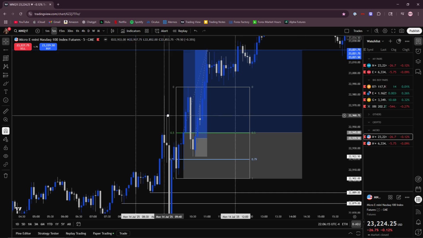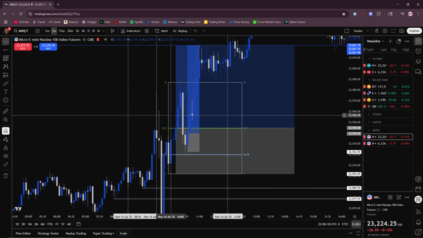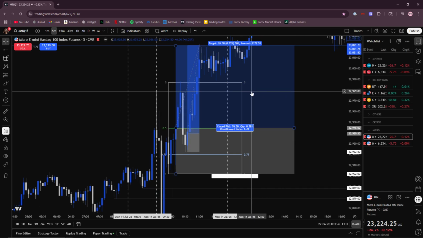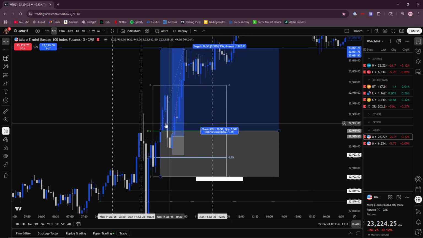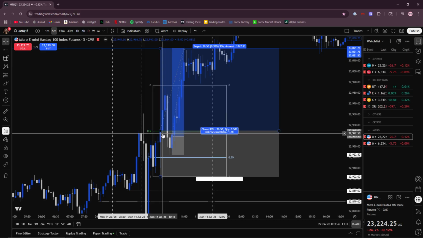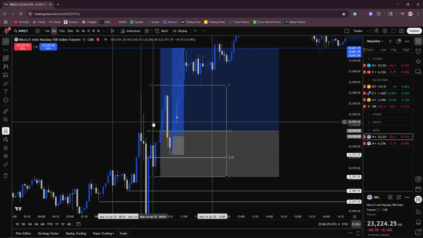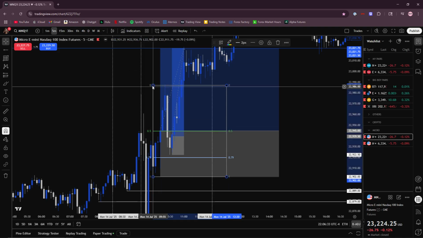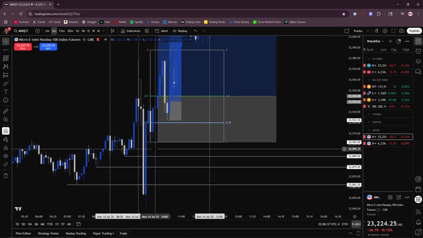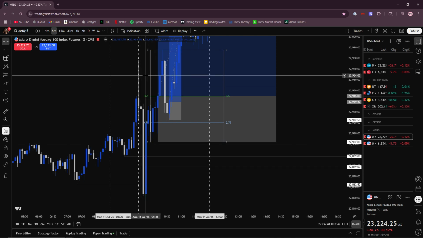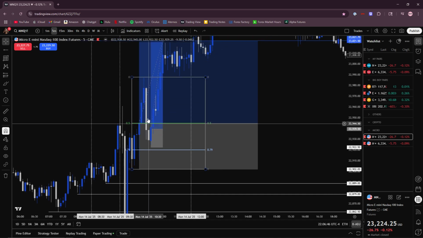So basically, what I could have done better is, instead of just entering off of the 5 minute break of structure, I should have waited for more confirmation. Because now what I do know, and what I am trying to incorporate into my trading strategy, is if you're not going to enter off of the 1 minute break of market structure, then instead aim to enter off a 5 minute break of structure and then a retracement into equilibrium or a fair value gap.